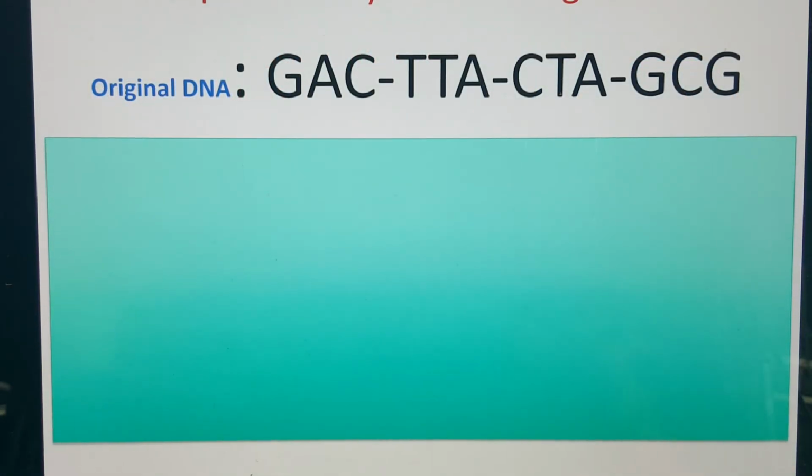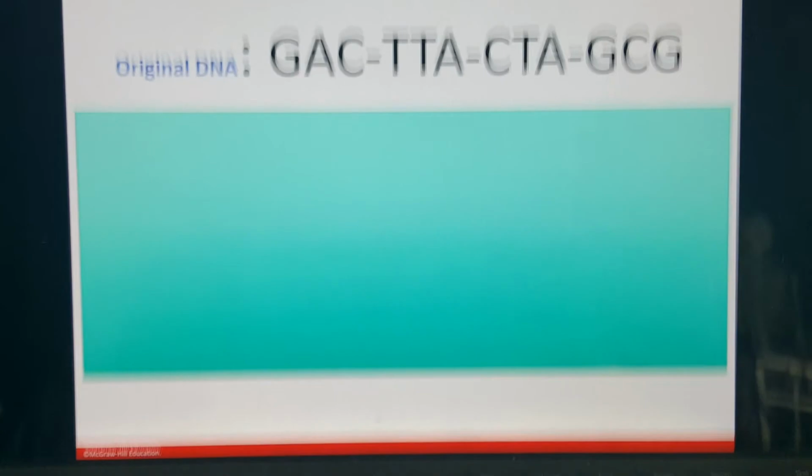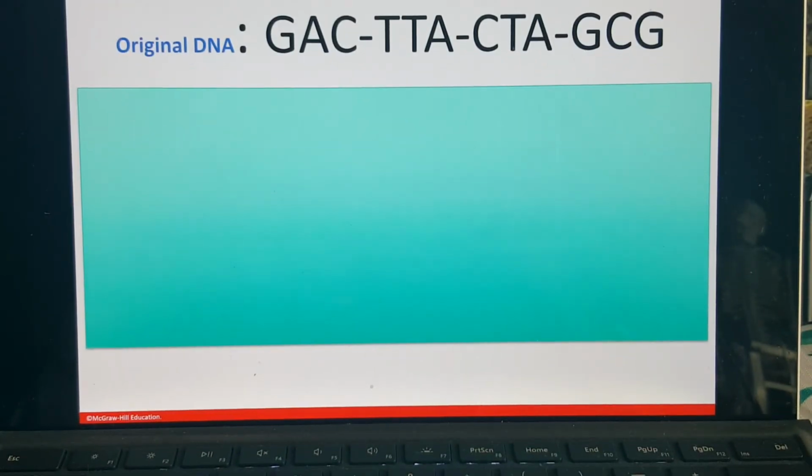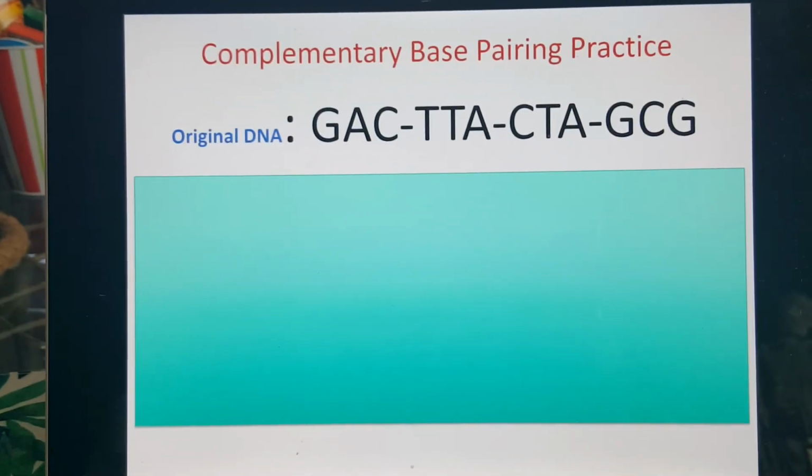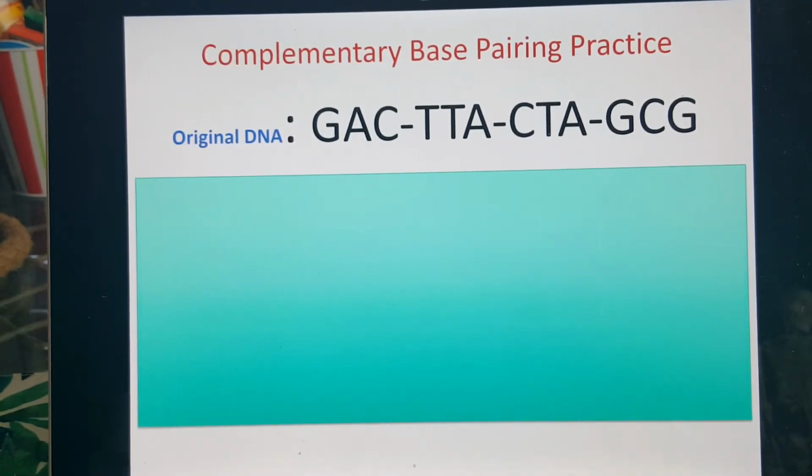One thing that you will do on your exam is look at an original DNA sequence and tell me what the copy of that, or your base pairing, would be. We have a one-sided strand of our DNA, and you're going to copy what the next one is.